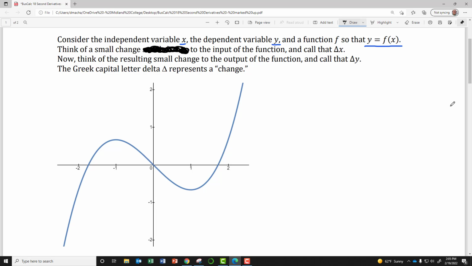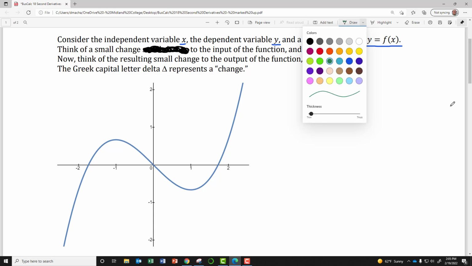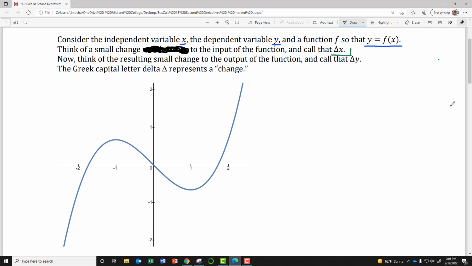So that triangle there is the capital Greek letter delta. And basically this delta just represents a change. So if we're talking about a small change to the input of the function, we're talking about a small change to our variable x.